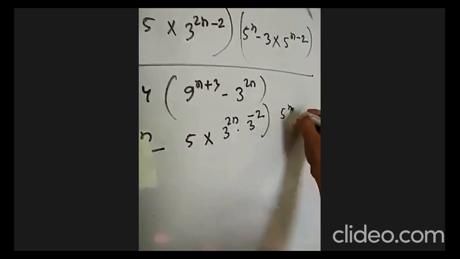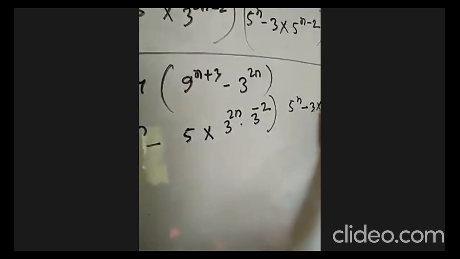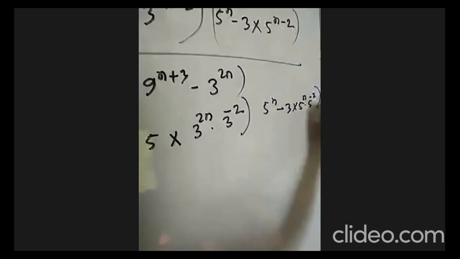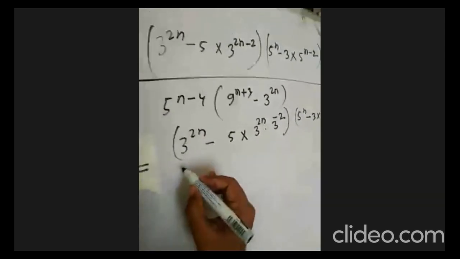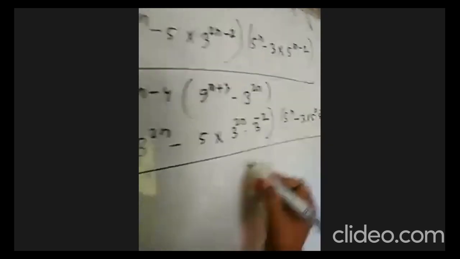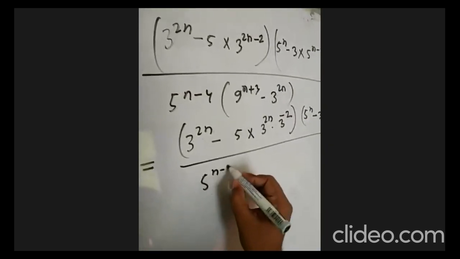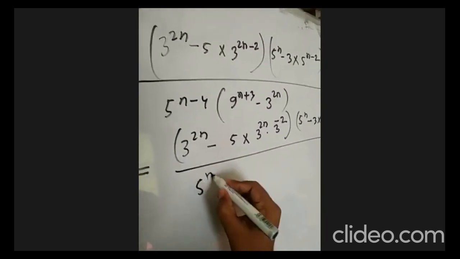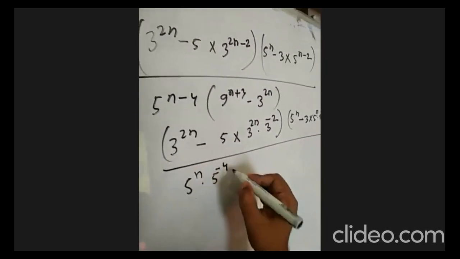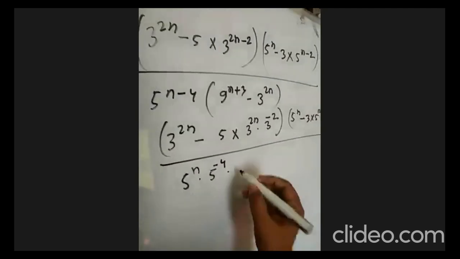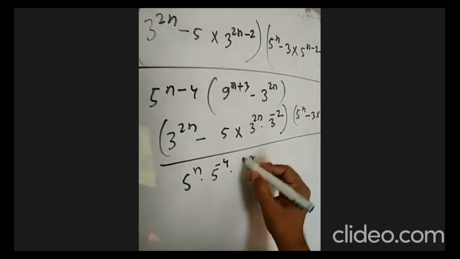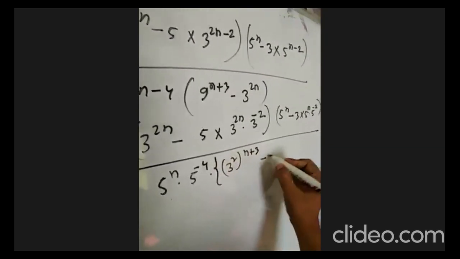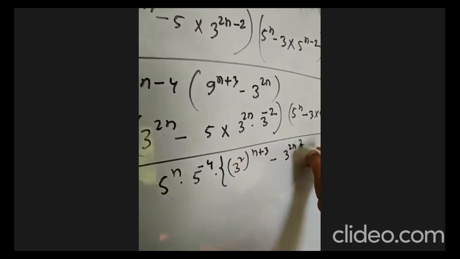Similarly, 5 to the power n minus 3 can be written as 5 to the power n into 5 to the power minus 2, divided by 5 to the power n minus 4. This can be written as 5 to the power n into 5 to the power minus 4. And 3 square can be written as n plus 3 minus 3 to the power twice n.